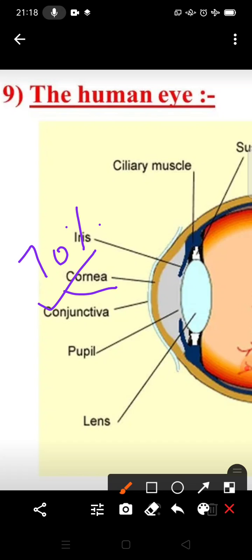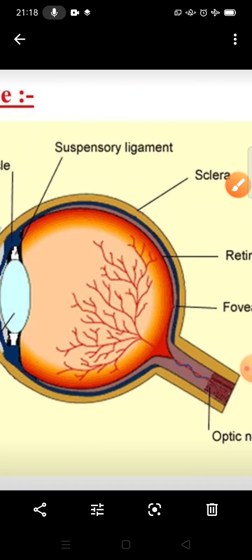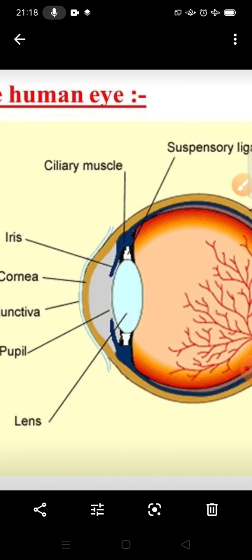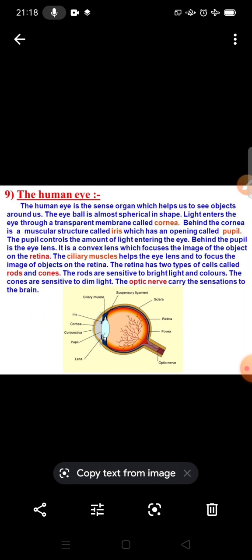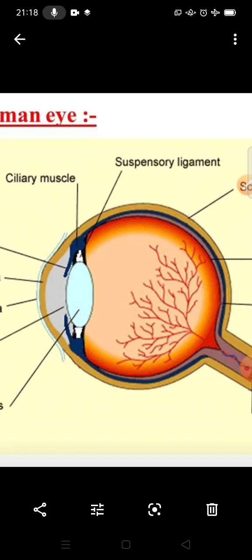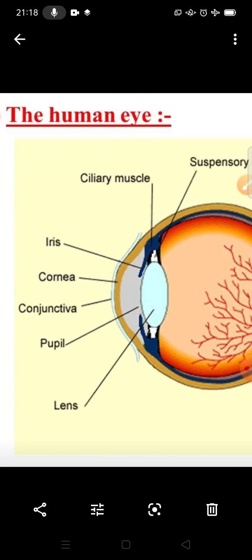And students, you can see there is an aqueous humor also. The cornea is shaped by a fluid.